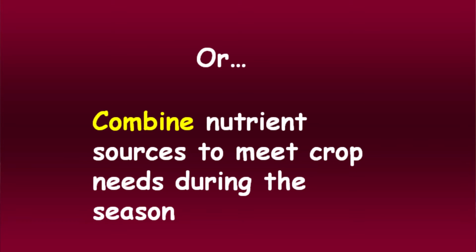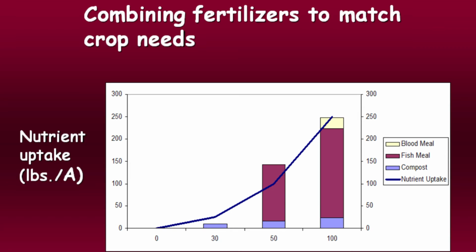Or we can combine with that compost some other organic nutrient sources at particular times during the year to meet that demand at that time. I've superimposed on this, this blue line, the data available for corn uptake needs for nitrogen.